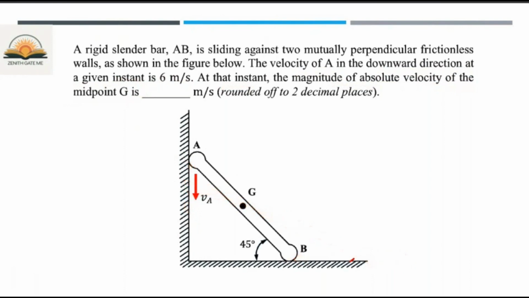Fine. Now, for solving this problem, first of all, we will locate the instantaneous center. The instantaneous center is that point at any particular instant where you can assume this body is doing completely rotation. Usually this body is doing translation and rotation, but at a certain instant, with the help of the instantaneous center point, you can assume the body is completely in rotation.